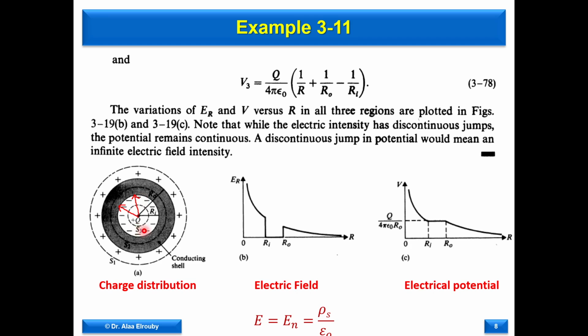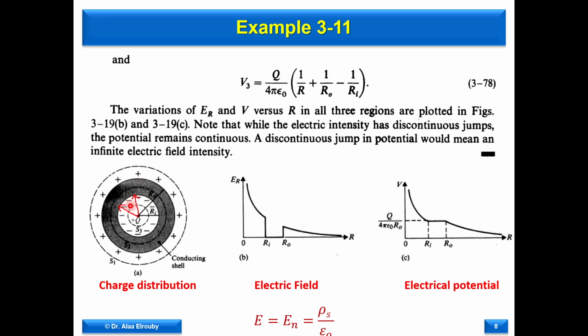What is the value? We can get the value from the electric field, but also you will find that from physics, the total electric charge on the inner surface equals minus Q, because this positive charge will attract negative charges on the inner surface equal to its value, and they are uniformly distributed because of the symmetry.